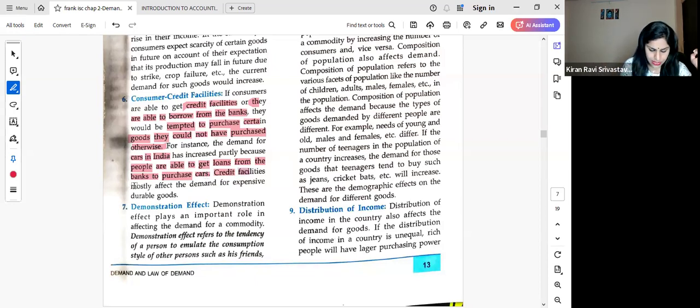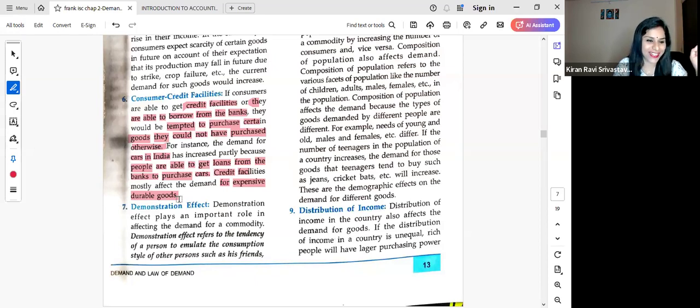Credit facilities, as I said in the beginning, mostly affect the demand for expensive goods. No one takes credit to buy salt and sugar. A person would be considered monetarily broke if they go to a ration shop and say, I want to buy 20 rupees of salt on credit. You don't go to a shop and say, for a 10 rupees chips packet, I want it on an EMI option, please, and every month I'll pay 2 rupees for 5 months.